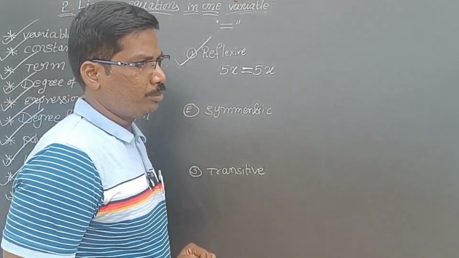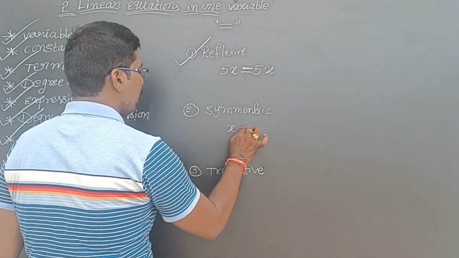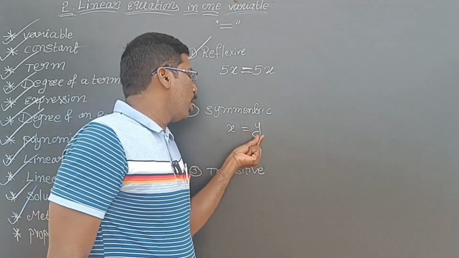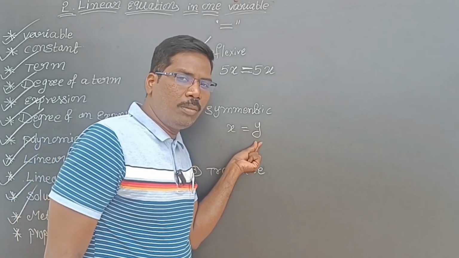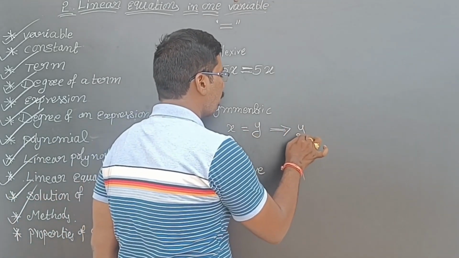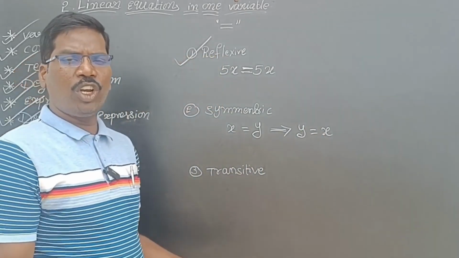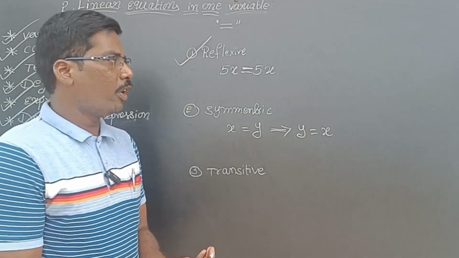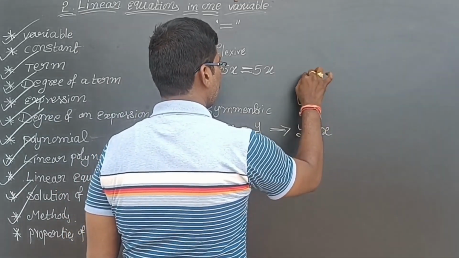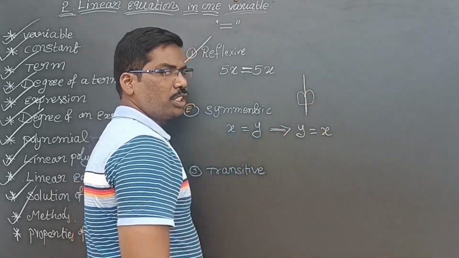Next, the symmetric property. If I say a number is equal to another number, or the first term is equal to another term, then the second number is also equal to the first number. Symmetric, we know very well from the lower classes. An apple, if I divide it with one line, the two sides will be equal to each other.